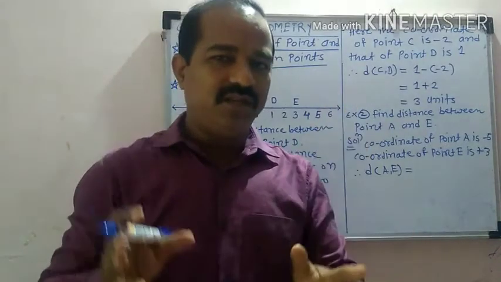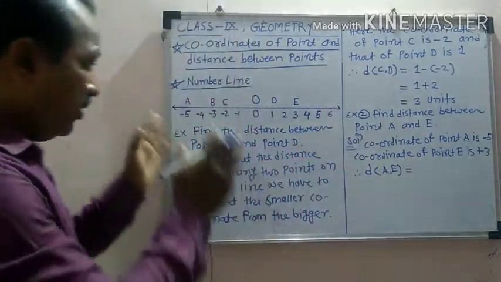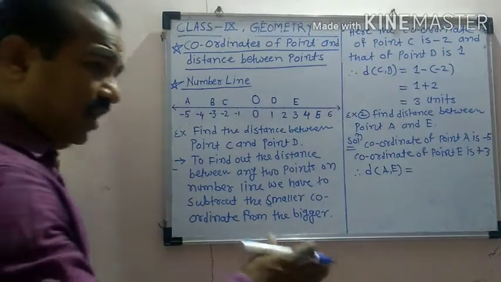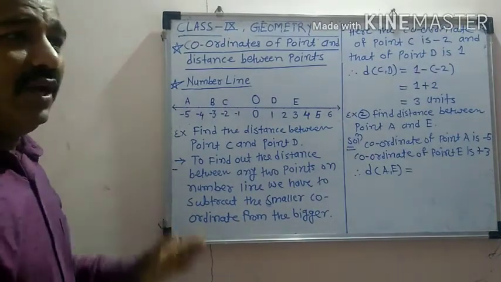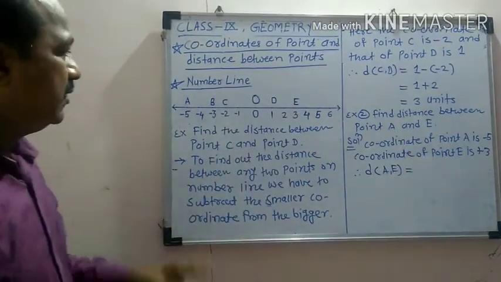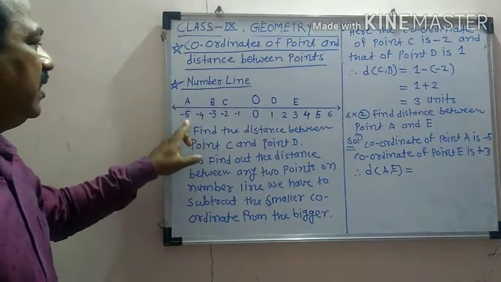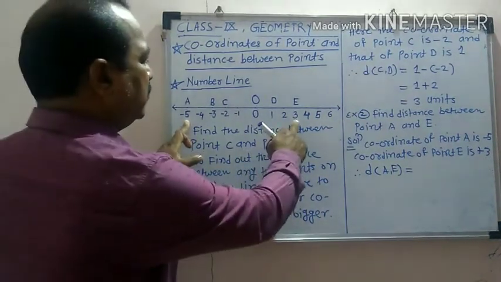You just imagine a number line, and on number line the number to the left is smaller and number to the right is bigger. Here I put my finger on -5 and +3.